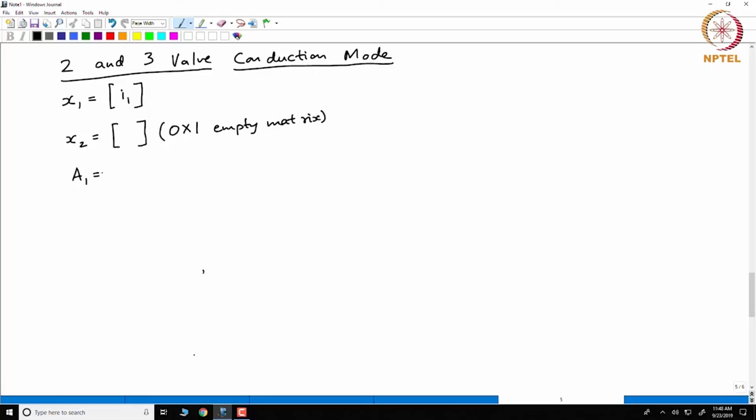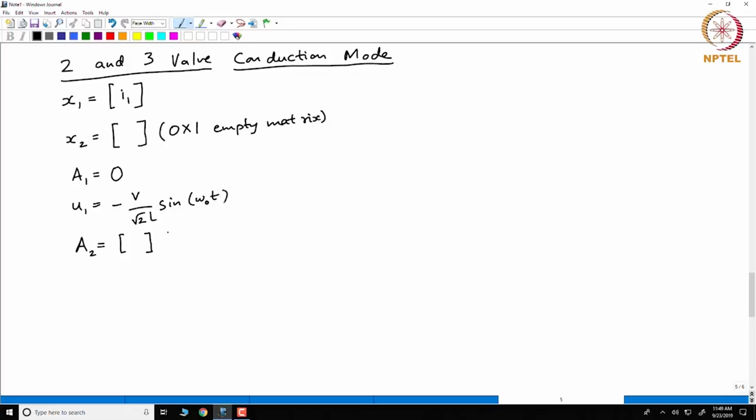So what is A1? 0. And U1 we just now found: minus V by root 2L sine omega O t. Then what about A2? Empty. Whenever we write empty, we had better write the dimension, because empty does not say whether it is 0 rows or 0 columns or both are 0.